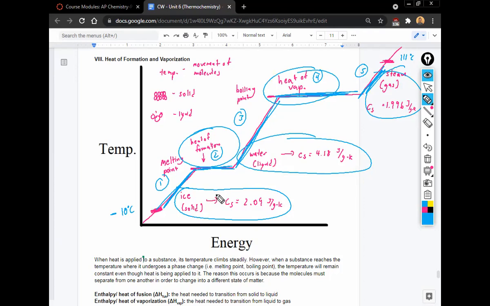Okay, so that makes the calculations really annoying, but in order to break apart the molecules in the different states of matter, that takes a different amount of energy than just heating them up. Conceptually, does that make sense? It's different from just heating something up, because you have to actually break the molecules once they get to a certain temperature.